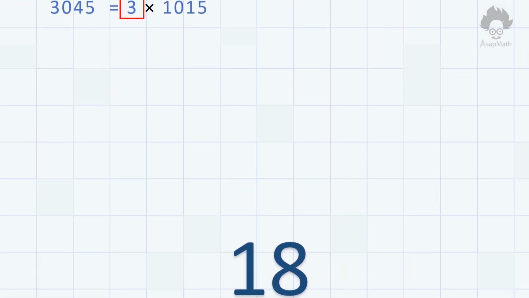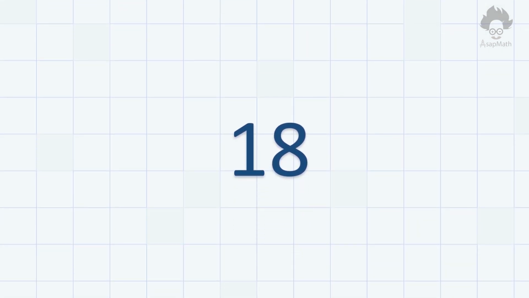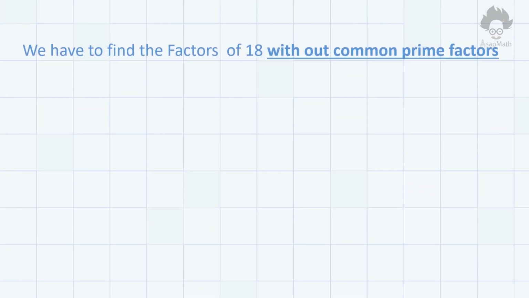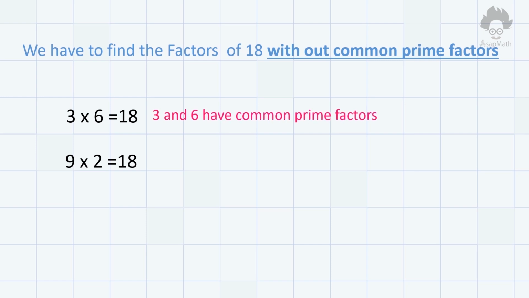Last number of this set is 18. Here the factors to be considered are 9 and 2 because they don't have a common prime factor.